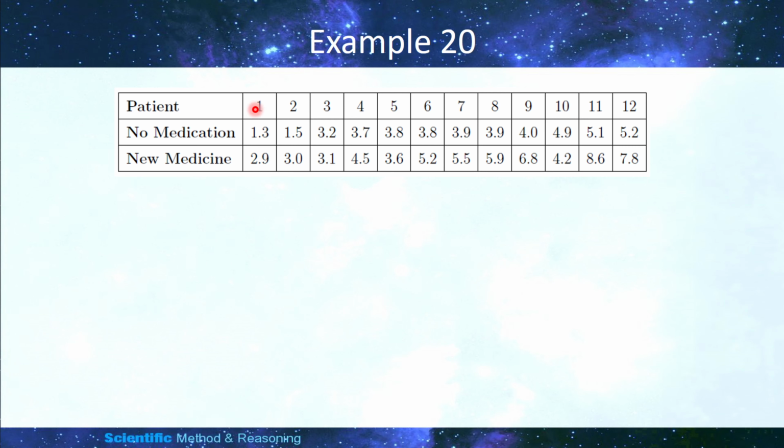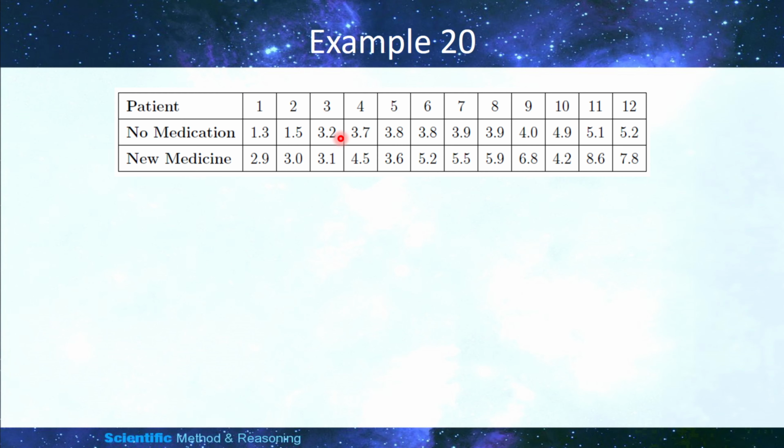This is for patient 1, okay? Before taking the medicine, he has 1.3 hours of sleep on average every night. But after taking the new medication, on average, he has 2.9 hours of sleep every night. And then 1.5, 3, 3.2, 3.1. And this one has no improvement at all.